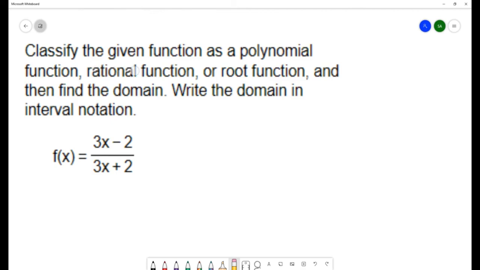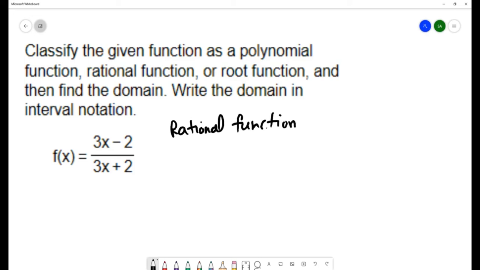That's a very loose definition. It's more technical than that. And root functions are going to be functions with a variable underneath a radical. Once again, that's a loose definition. But if you're quickly trying to identify, you're looking for a variable in the denominator or a variable underneath a radical. Here we have a variable in the denominator. So I'm going to classify this as a rational function.